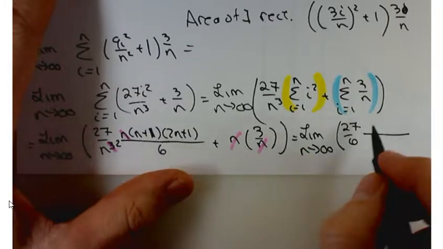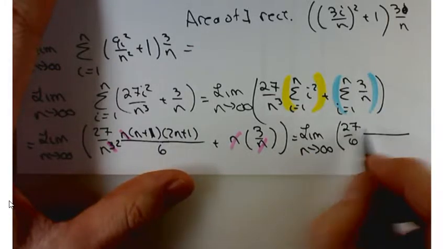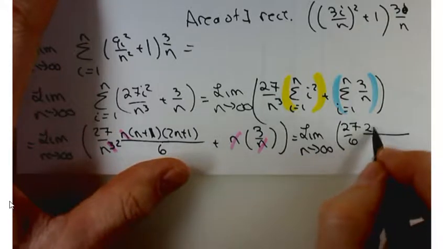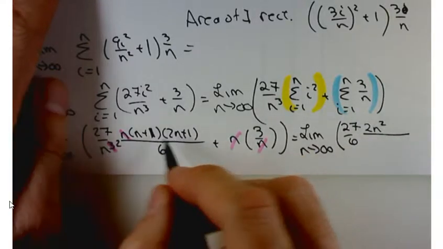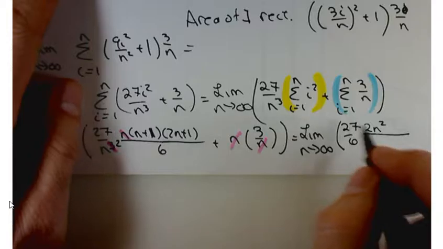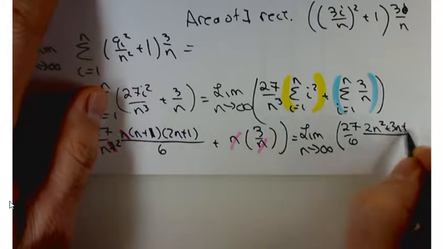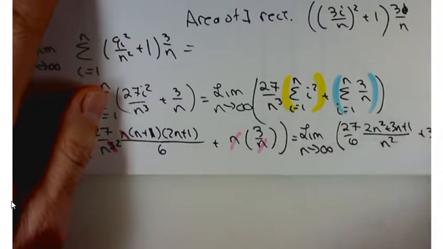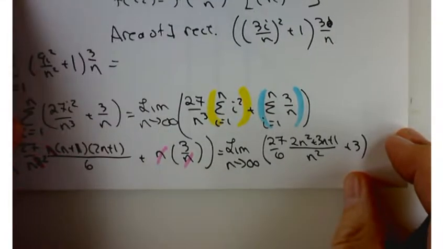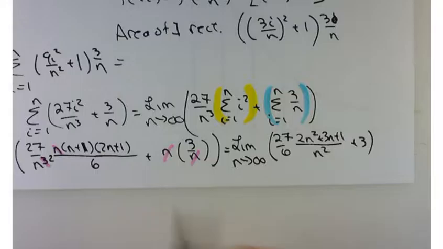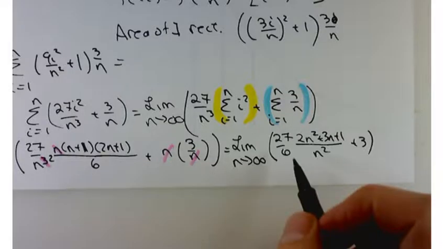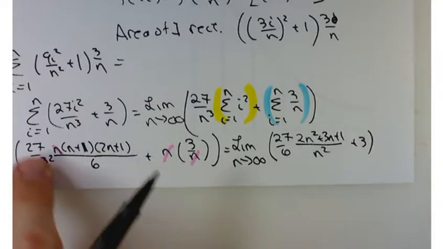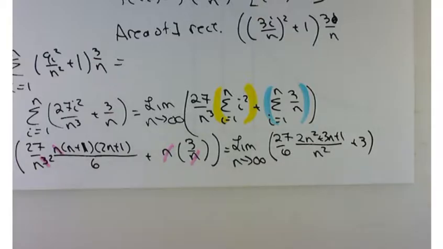And then when I distribute this, it's going to be 2n squared plus 3n plus 1 over n squared plus 3. So all I did was I foiled this out a little bit. I moved the 6 here so that I can cancel with the 27.